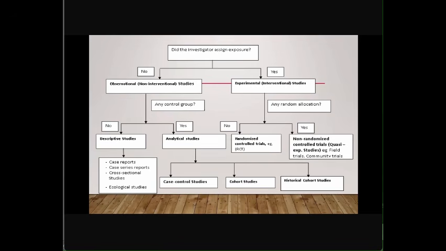Now, all quantitative studies are grouped into two types. They are either observational or they are experimental, right?